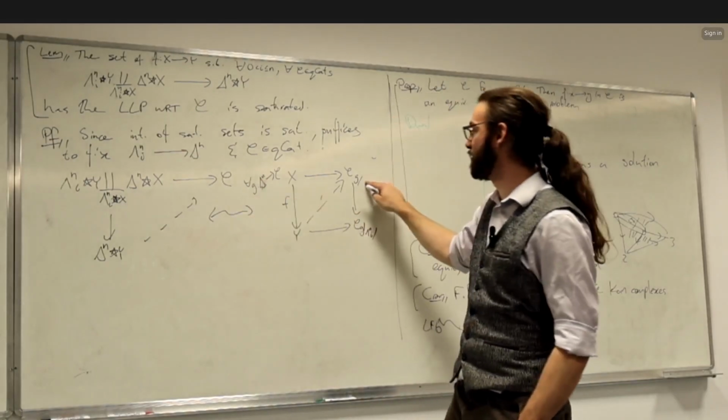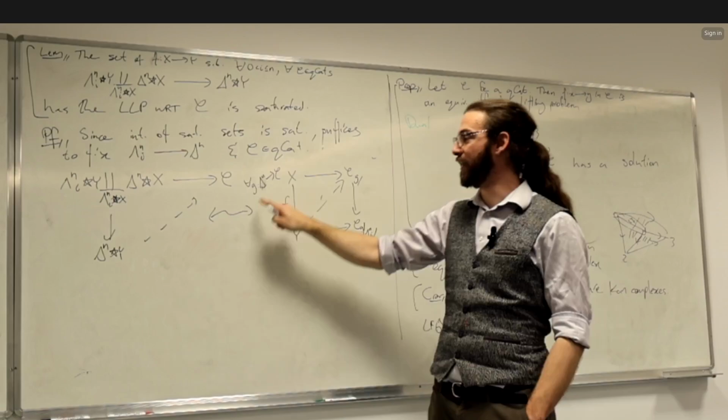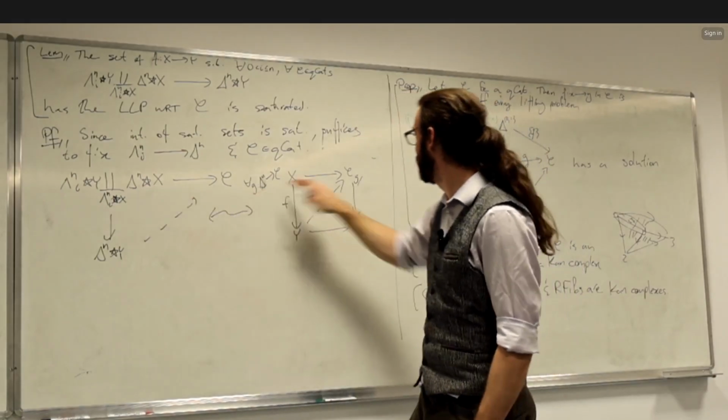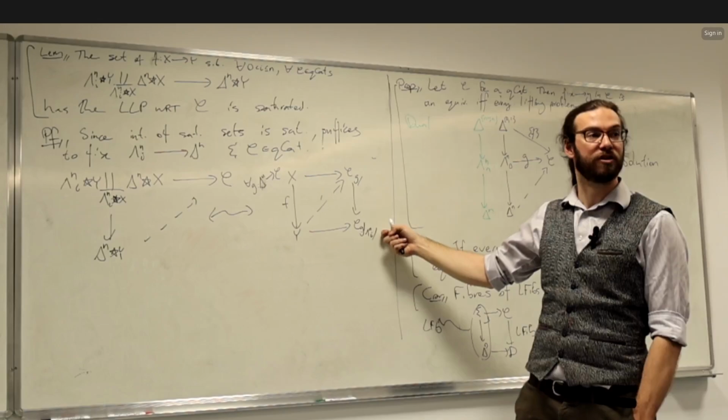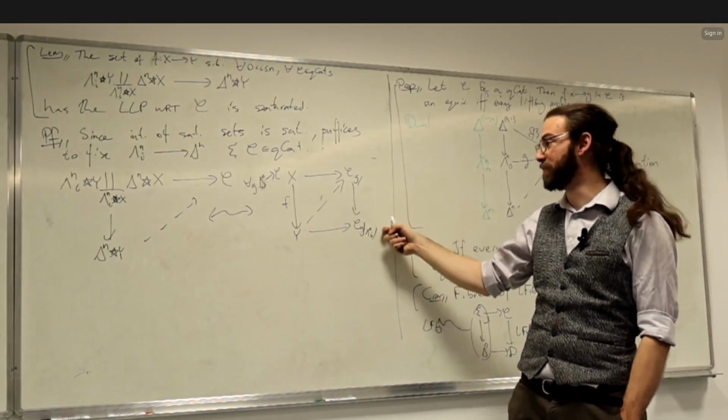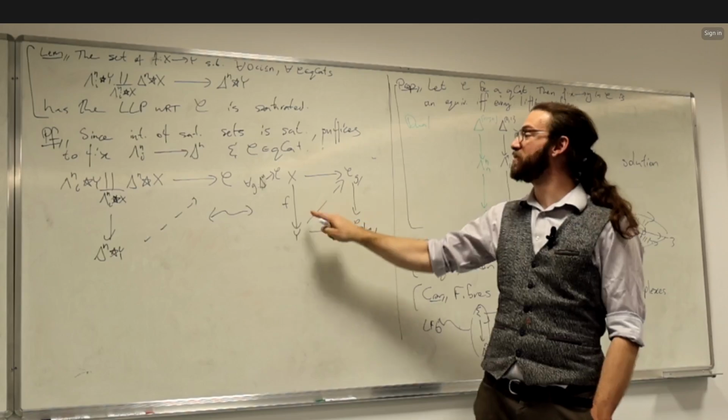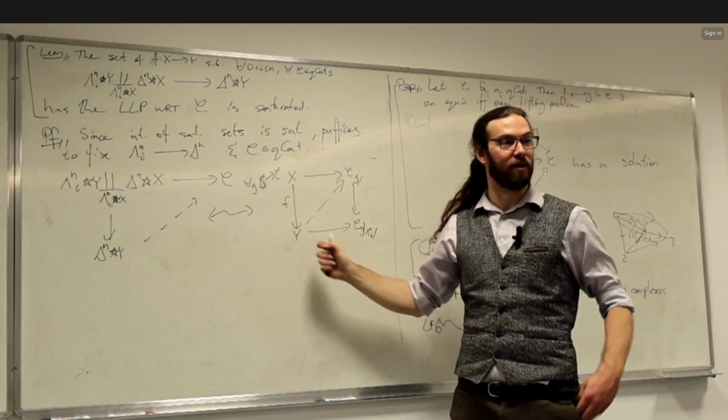That's saying that for any map from delta n to c, we have these corresponding slices and this corresponding map of slices. And so this is equivalent to this adjoint lifting problem.